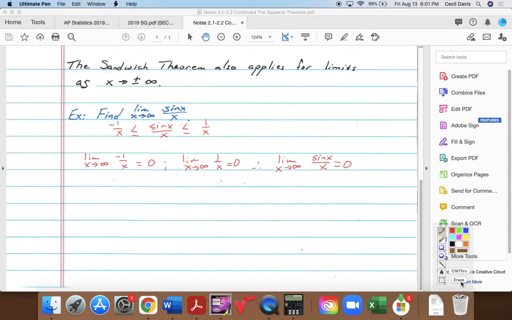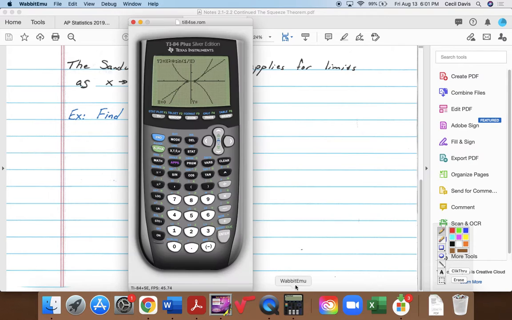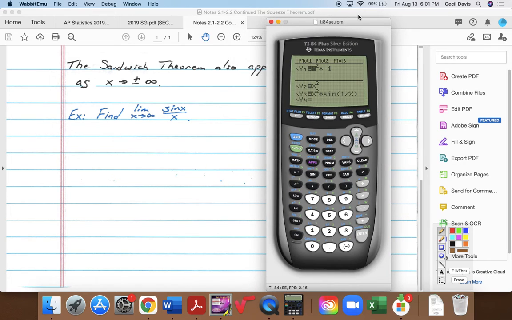And just for kicks, let's take a look at what that graph would look like. So clear all these things out. And always make sure that your calculator is in radian mode.